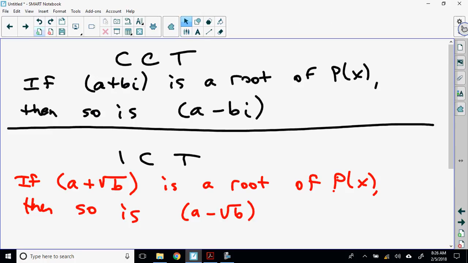So this is saying that irrational roots show up in pairs. And we just saw this from the quadratic formula. We could imagine that for either case because of the plus or minus bit from the quadratic formula. These things always show up in pairs.